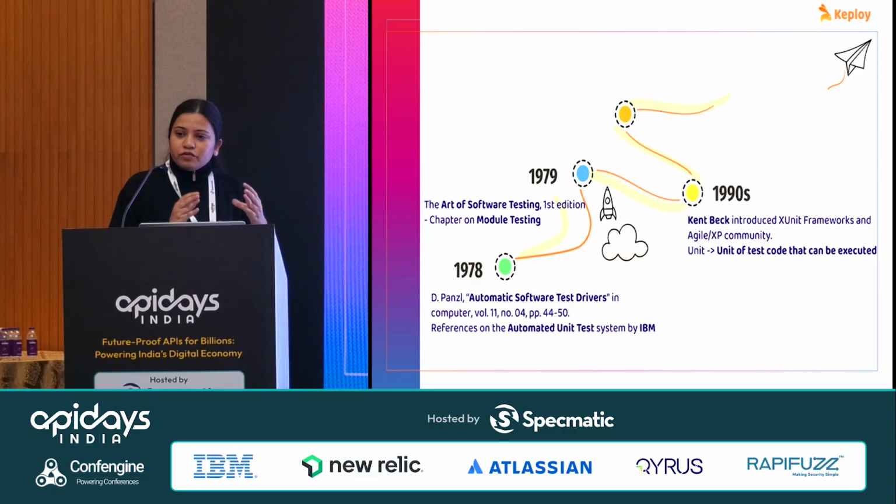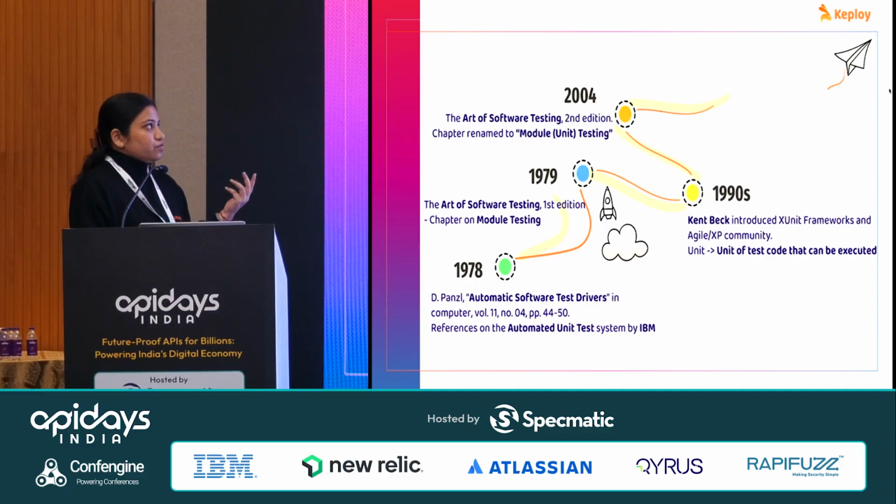Whatever was mentioned as a unit, people were now also inferring to modules. We mentioned two inferences, right? One is unit as code, and one is unit in the system. So one is unit testing and one is module testing. That's how people tried to test, automate, and make sense of how we can test the systems.